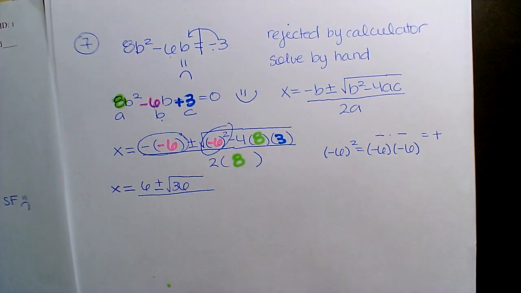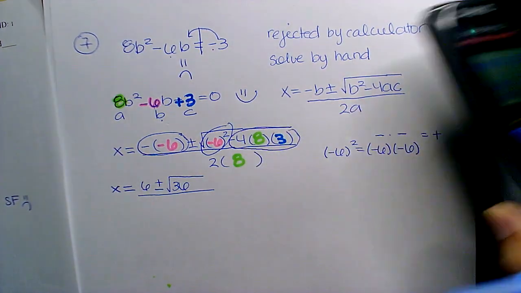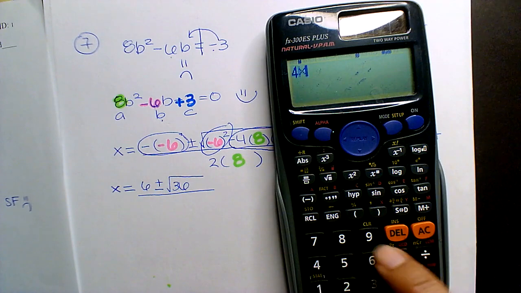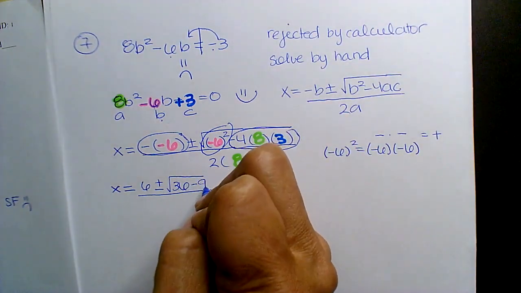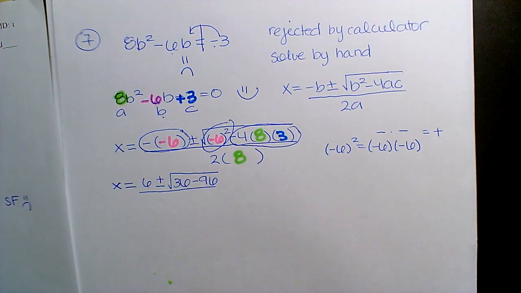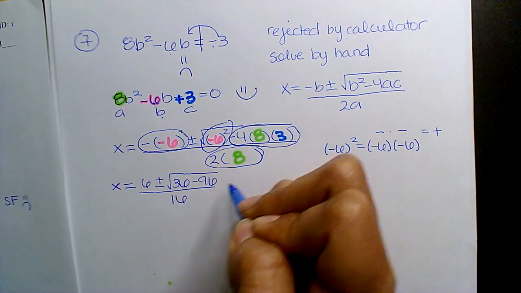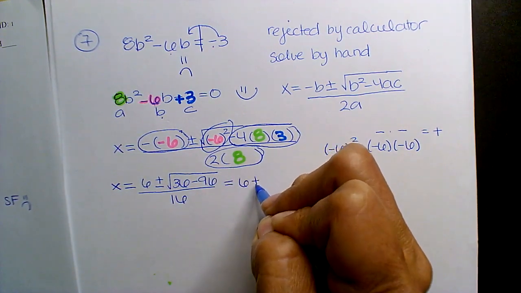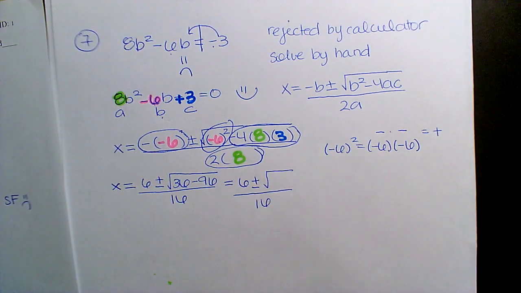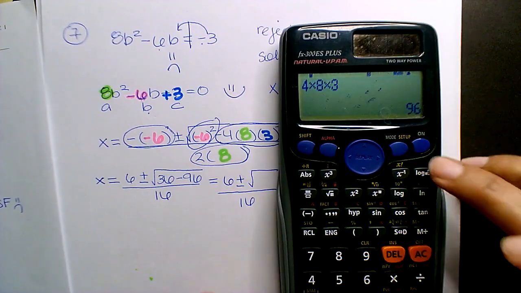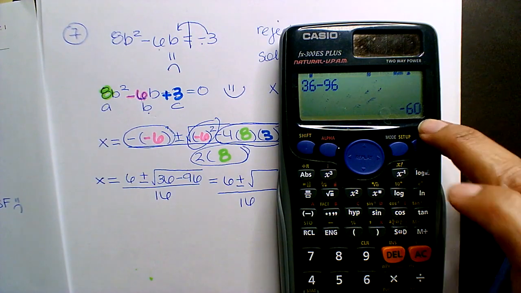Okay? Now what's -4 times 8 times 3? So what is 4 times 8 times 3? -96, right? And then what is 2 times 8? 16. Okay, so now 6 plus or minus. What is 36 minus 96? -60.